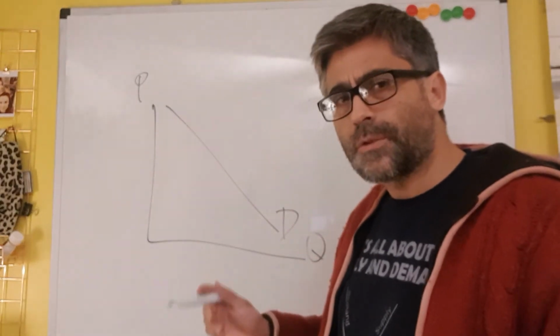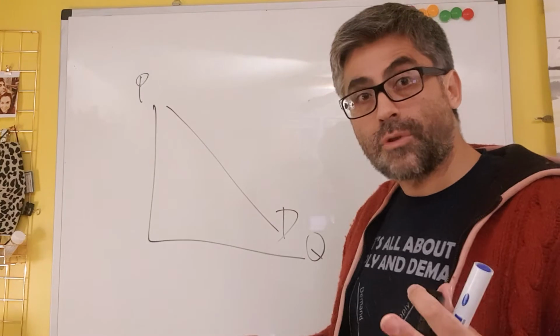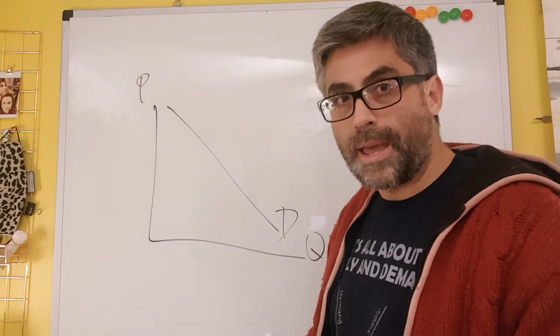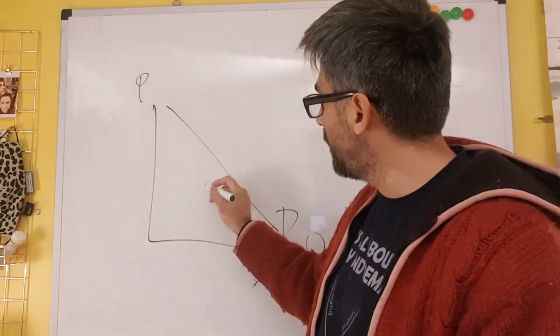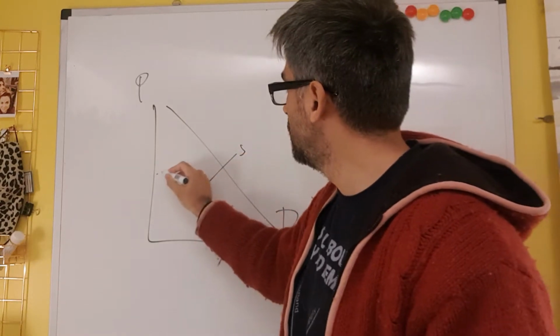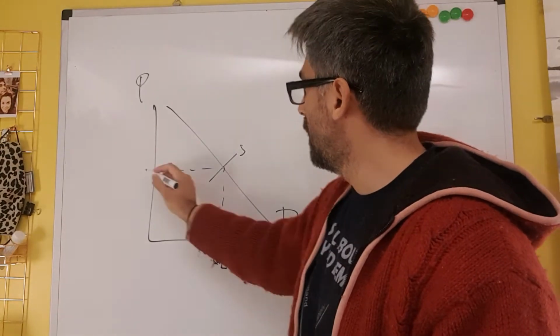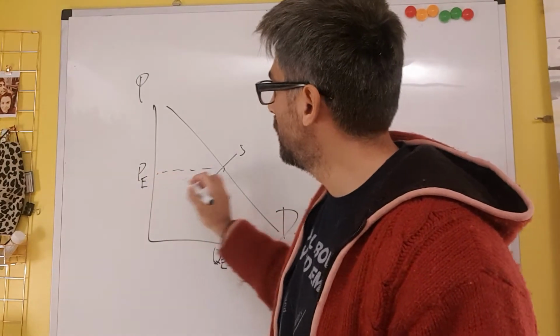Now, first degree assumes that they can sell the product at the price that you're willing to pay. So normally we have an equilibrium where supply crosses demand. So we have our equilibrium quantity and our equilibrium price.